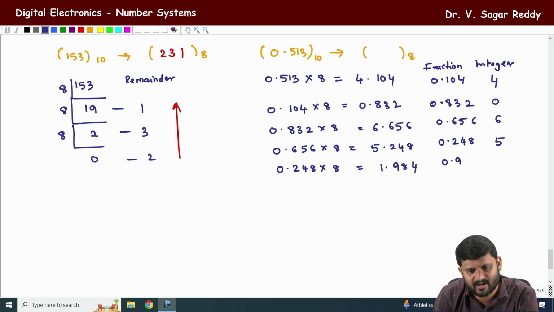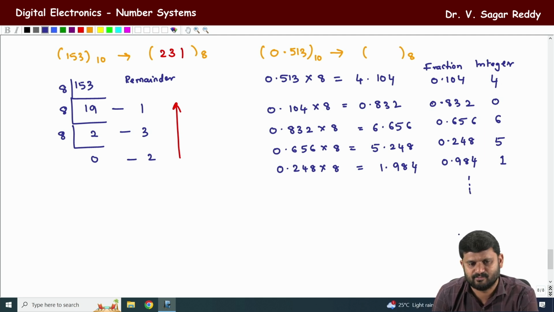The new fraction is 0.984 and the integer is 1. Now I think 5 digits are sufficient to represent the given accuracy, though it could continue. So what is the equivalent number in octal for this?